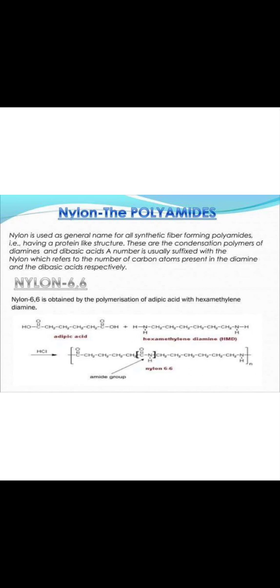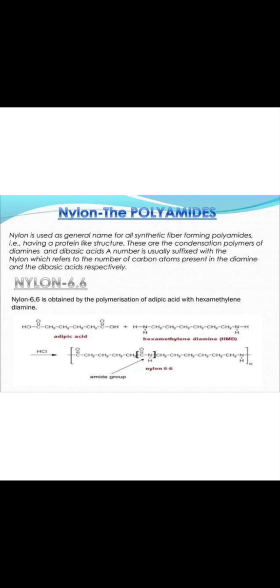Nylon 6,6 is obtained by the polymerization of adipic acid with hexamethylene diamine. Adipic acid is represented as COOH, CH2 taken 4 times, COOH, plus hexamethylene diamine, which is represented as NH2, CH2 taken 6 times, NH2.